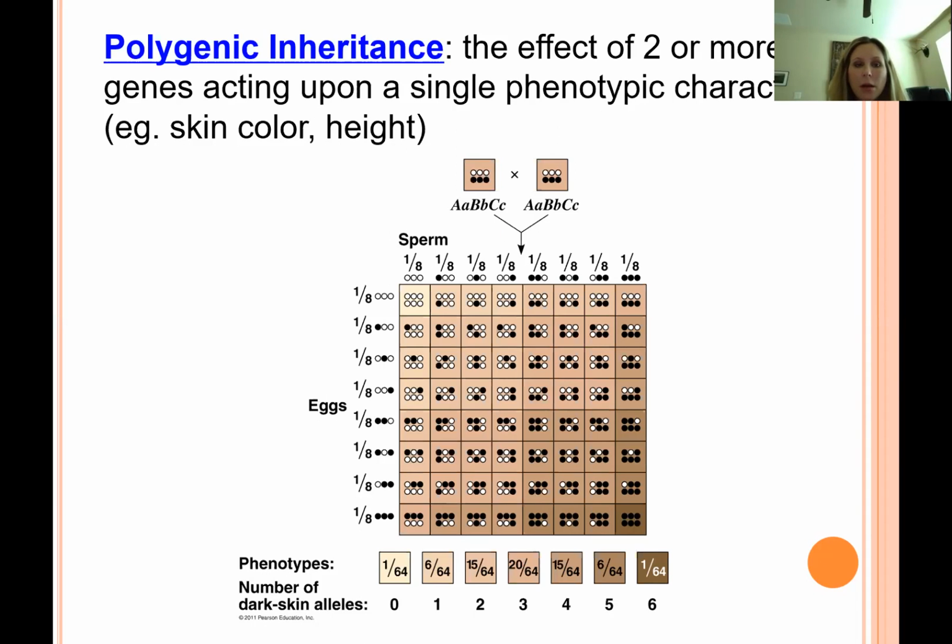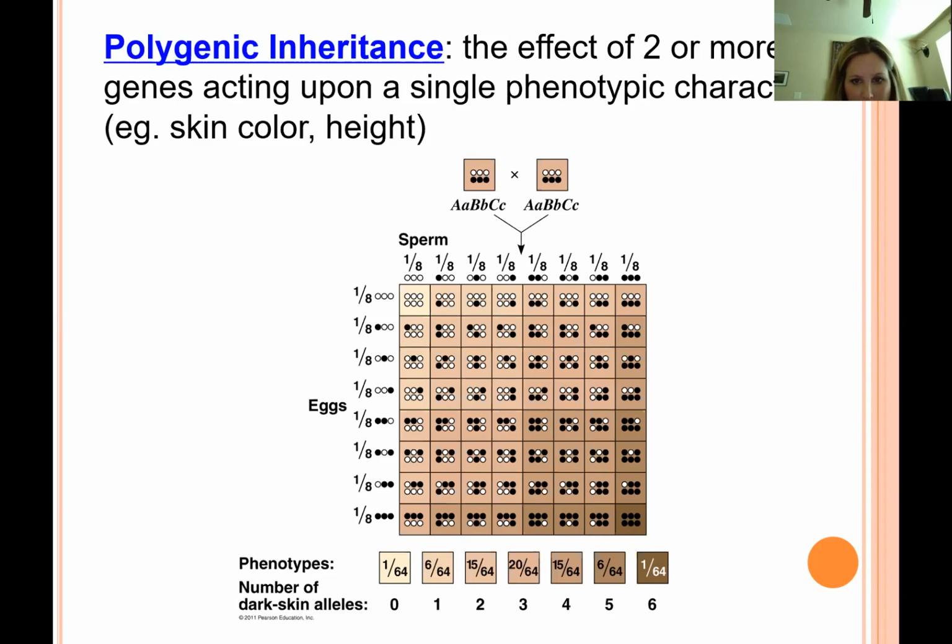There are a lot of genes that determine what a person's height is going to be. Obviously, nutrition plays a part in that too, but if we're talking about just genetics, height is determined by multiple genes. So that's polygenic inheritance.